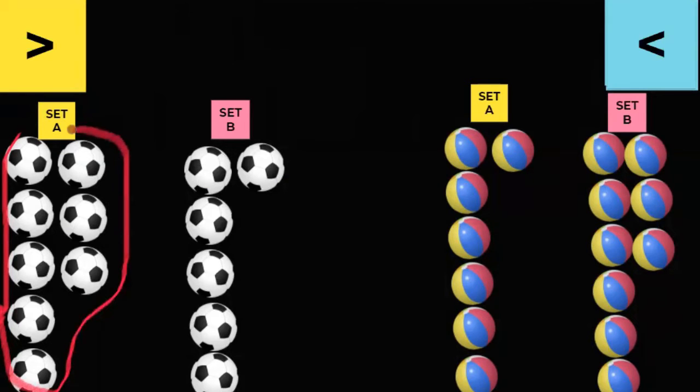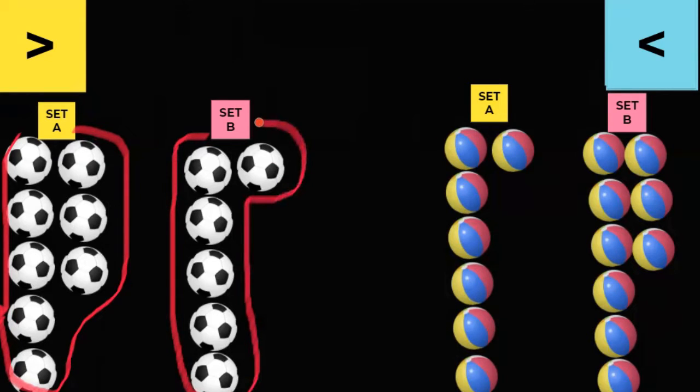Now we're going to use the sign to compare these two sets. Which sign are we going to put in the middle? Is 8 less than 6 or greater than 6?